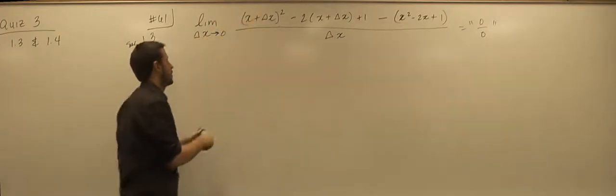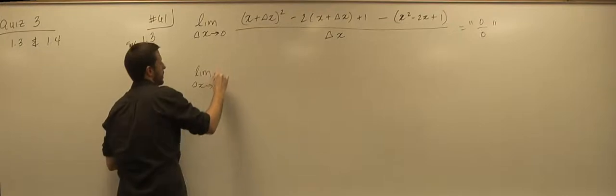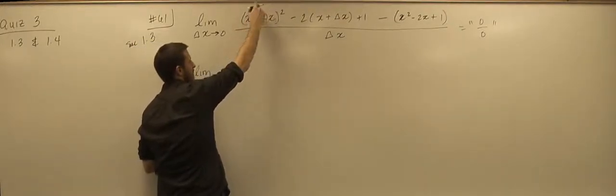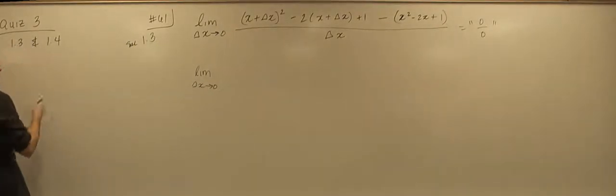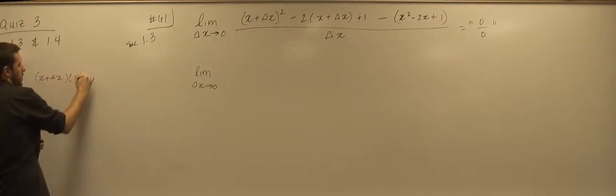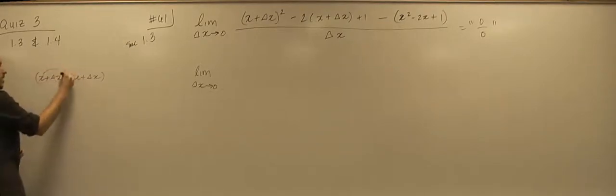So on the top, on the FOIL here, right? This is x plus delta x times x plus delta x. I have to do this. That's what x plus delta x squared means. And if you do this, you FOIL.